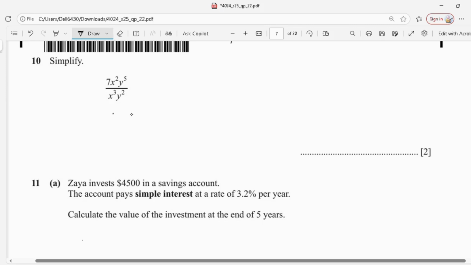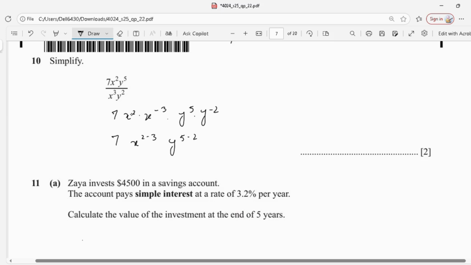Let's simplify. 7x squared, and this x in the denominator, when it comes to the numerator, its power will be negative, and y to the 5 and y to the minus 2. 7x to the 2 minus 3, adding the powers because bases are the same, y to the 5 minus 2.